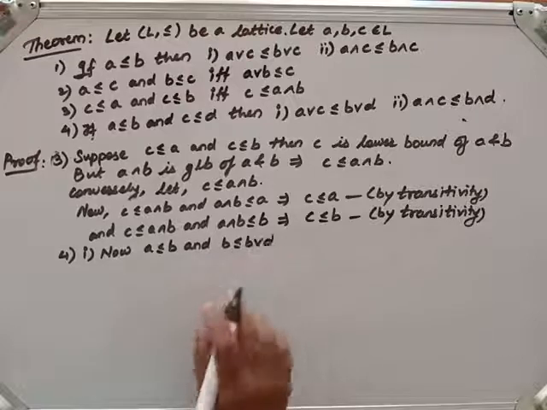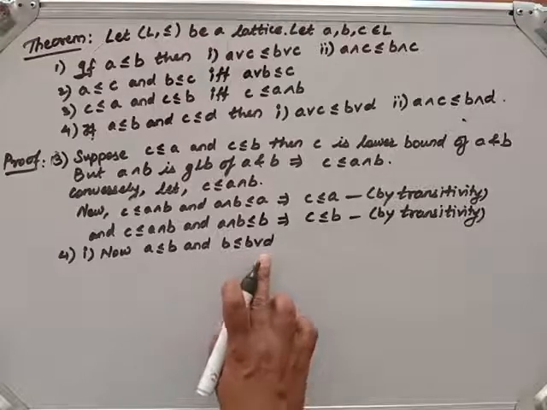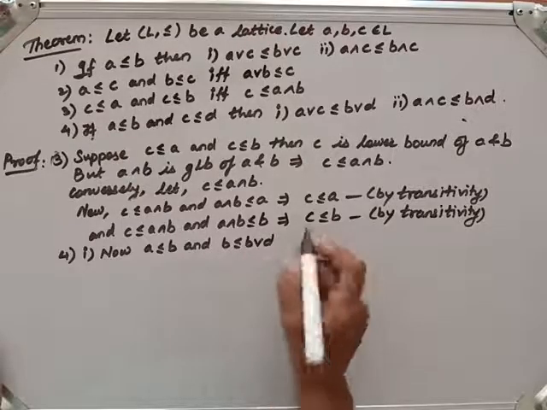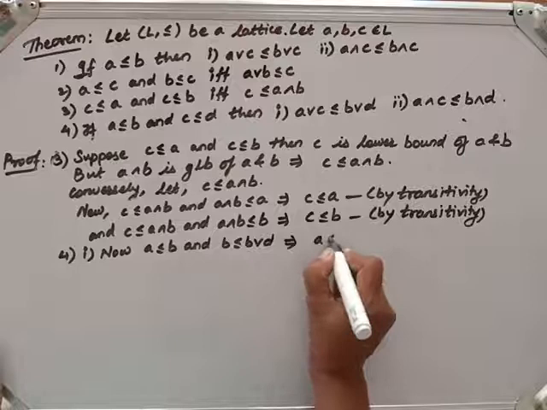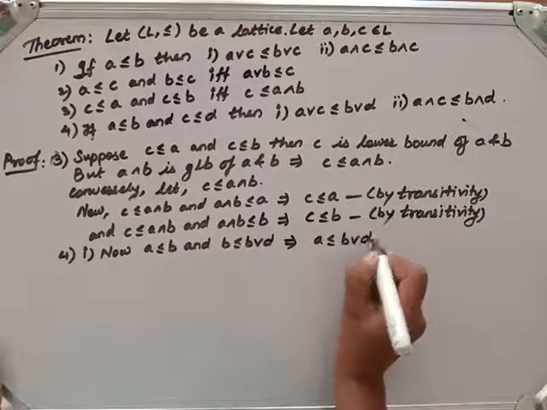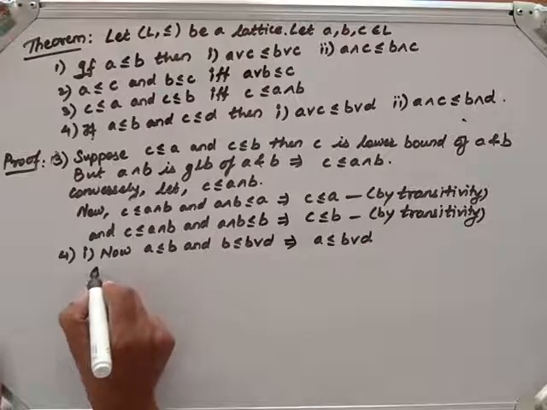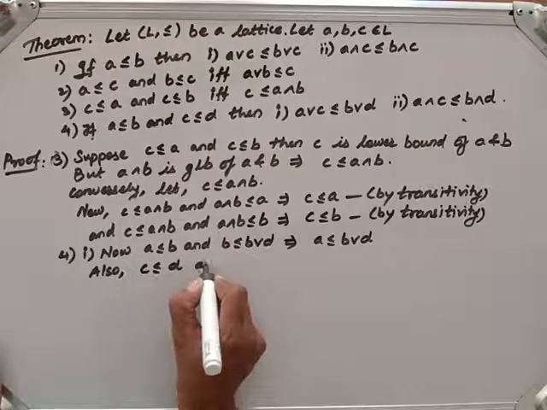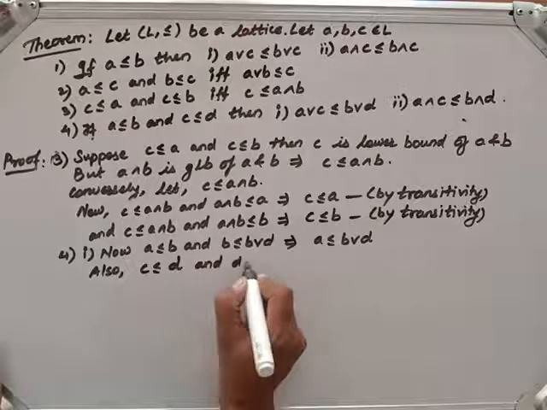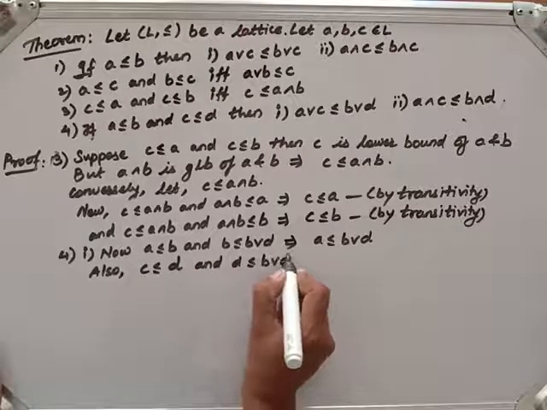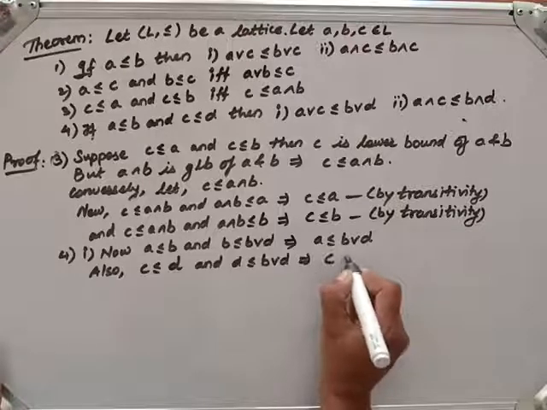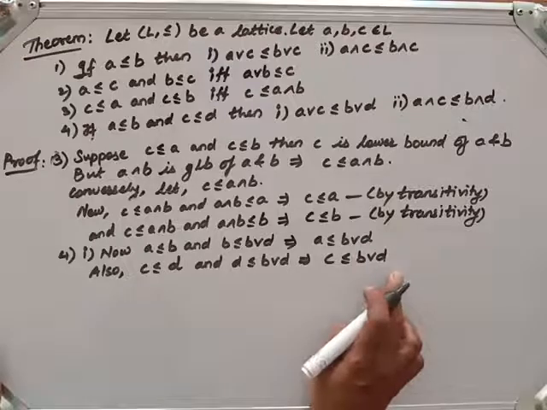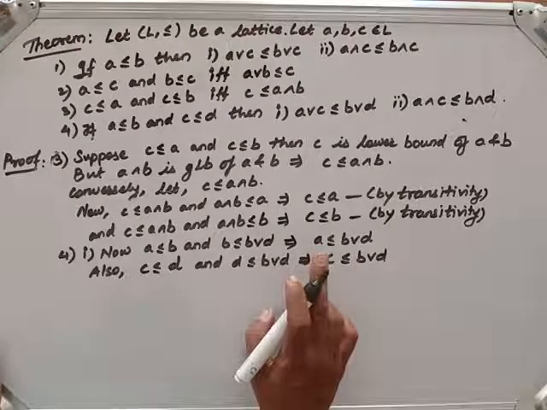B join D. You know it is a least upper bound for B as well as for D. So this implies A is related to B join D. Also C is related to D and we know D is related to B join D. So this implies C is related to B join D. So B join D will become an upper bound for whom?